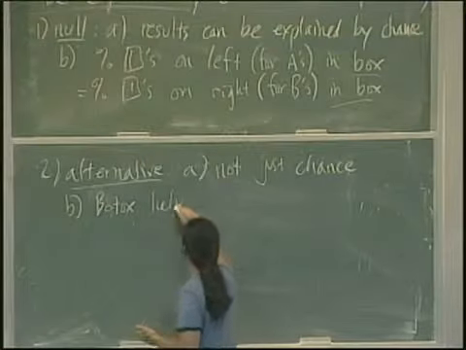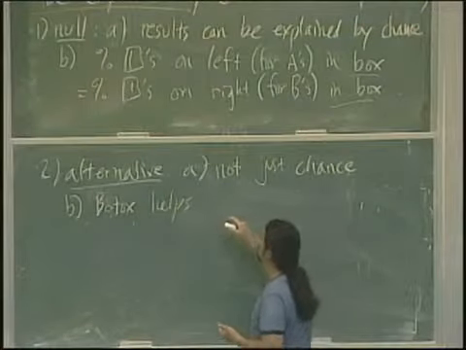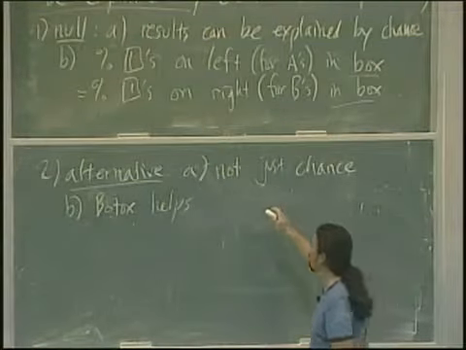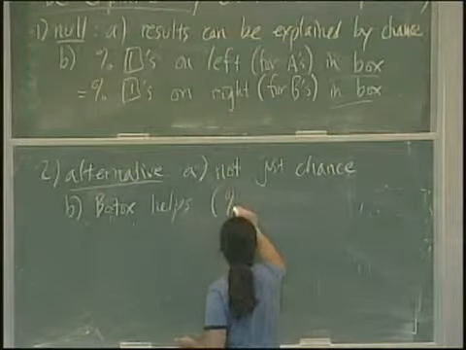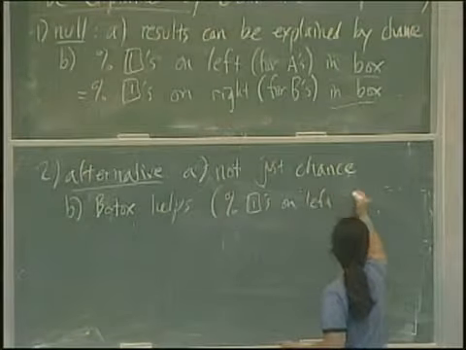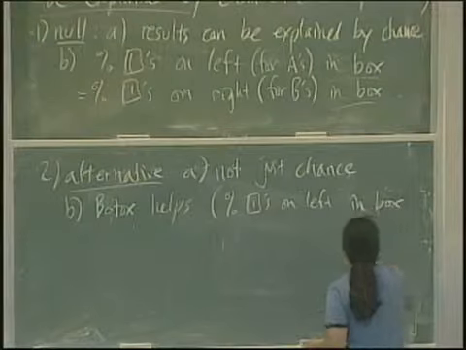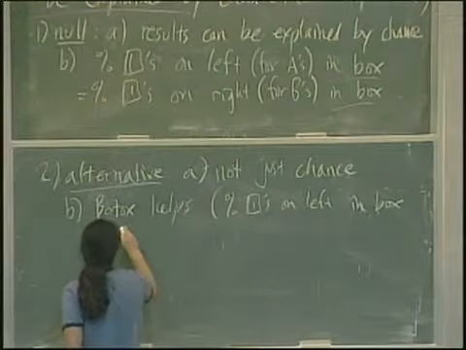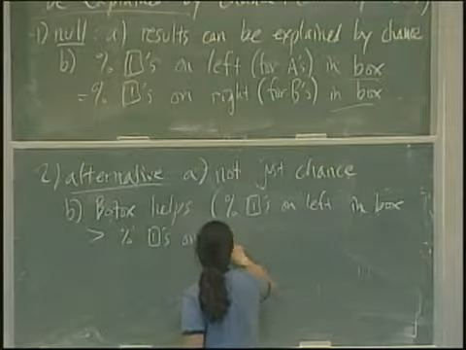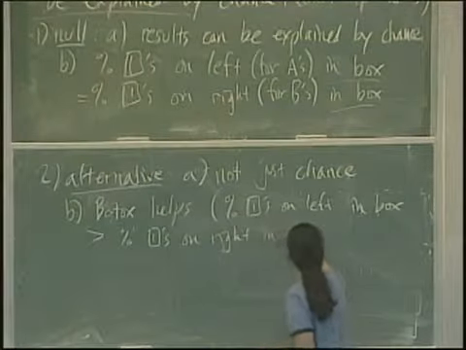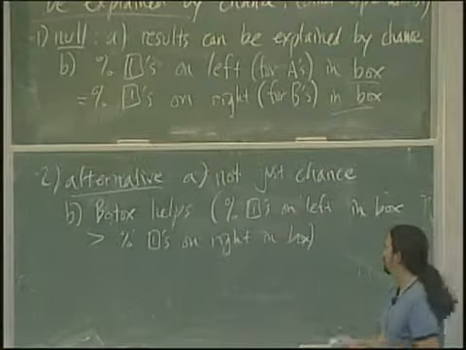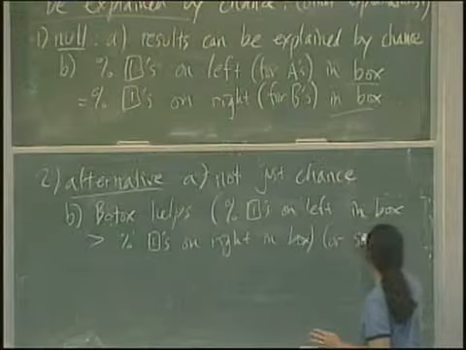And in terms of the box, that means that the percentage of ones on the left in box is bigger than the percent ones on the right in box. I'll just say that very briefly. Okay, so that's what it means for Botox to work or help, or something else. So I'll just say, briefly at the end, something else.